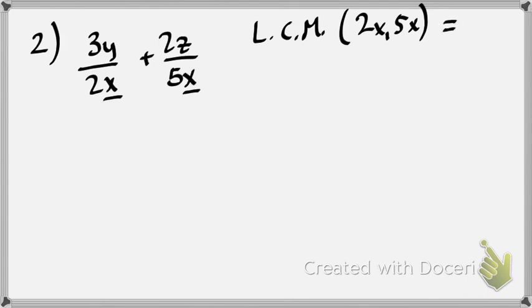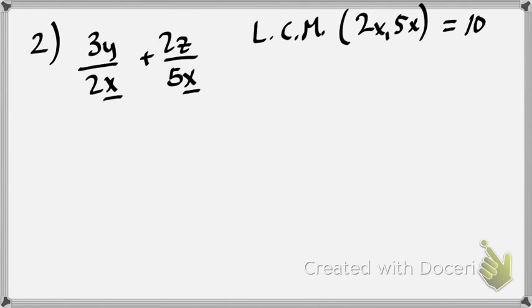And again, if we think about that, the LCM is the least common multiple. It is the smallest number that 2 and 5 will divide into evenly. What that answer is, the least common multiple between 2 and 5, would be 10.